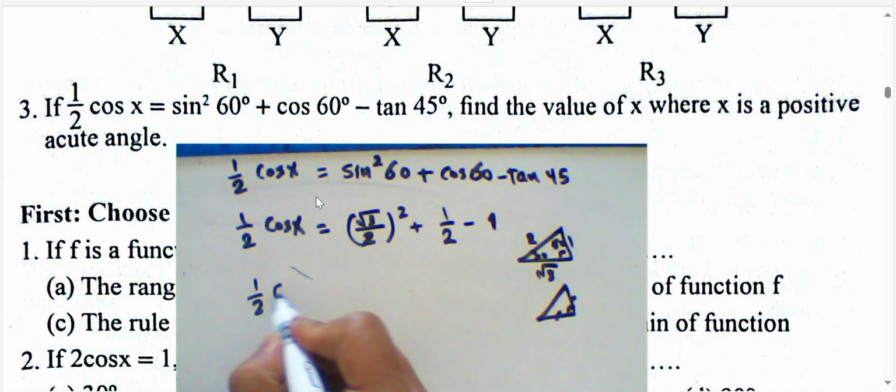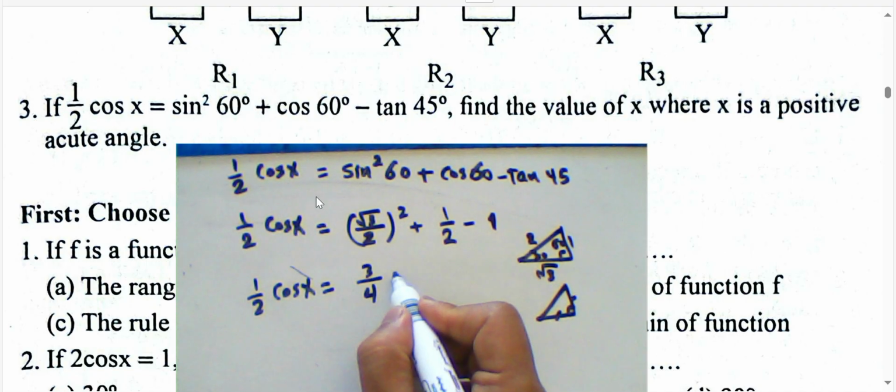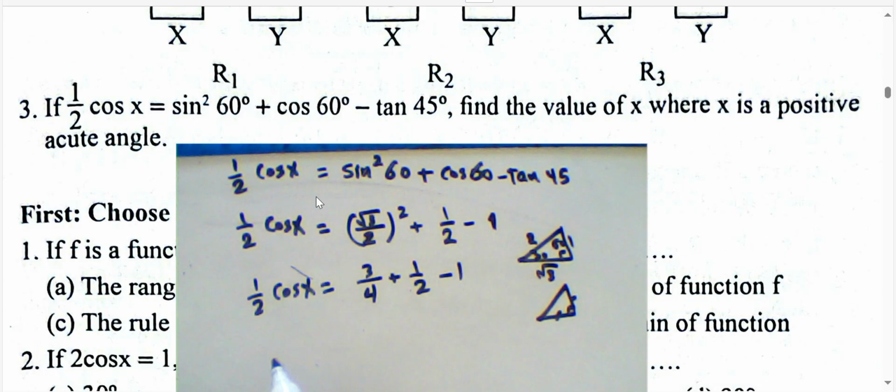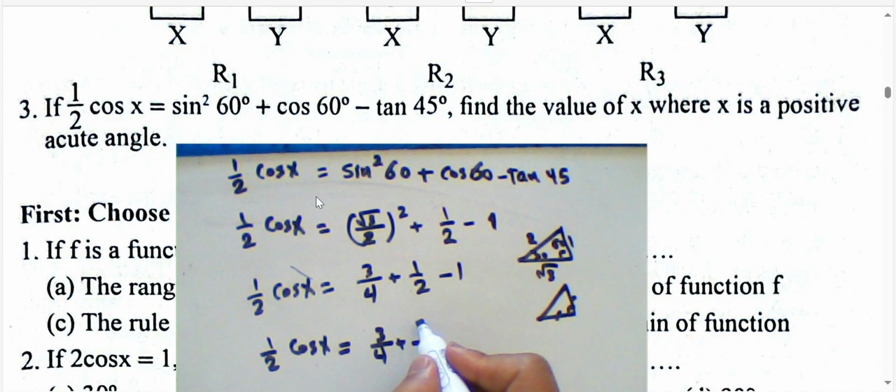We can write half cosine X equal root 3 over 2 squared, it will be 3 over 4 plus half minus 1. Then we can write half cosine X equal 3 over 4 plus, we can multiply by 2 numerator and denominator, here it will be 2 over 4, minus 1.